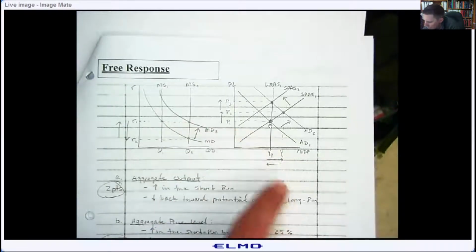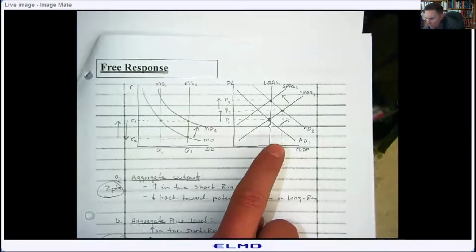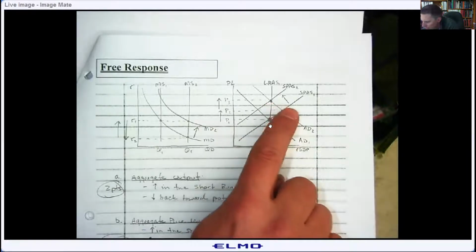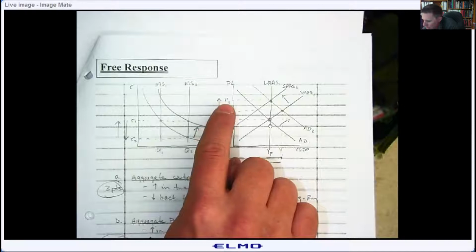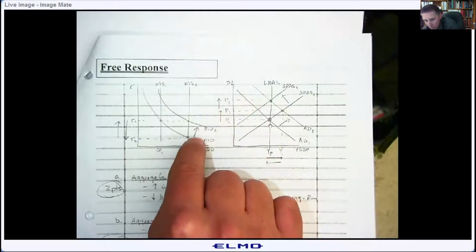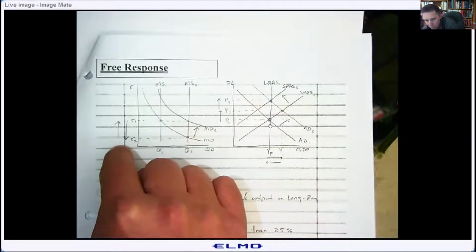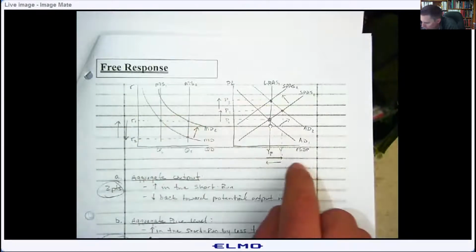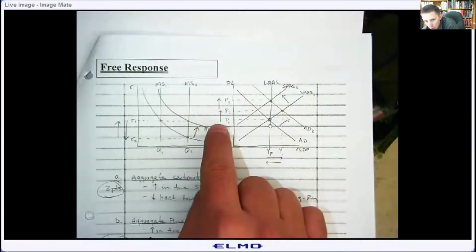We see an increase in the overall real GDP right here. And as time goes on, in the long run, we see aggregate supply shift back, nominal wages causing that to happen, which drives up the price level, which causes us to need more money to live, increasing money demand, which drives interest rates back up, which brings real GDP this way. So we know in the long run, there is only a change in the price level.